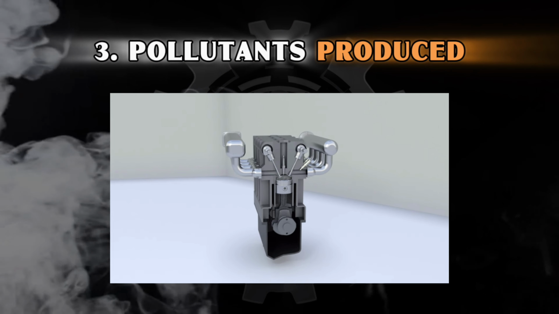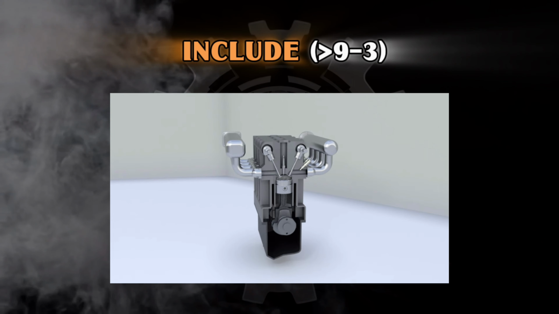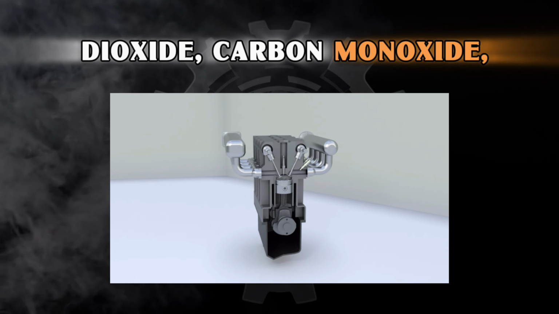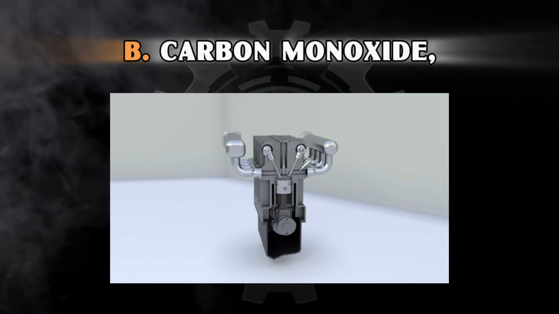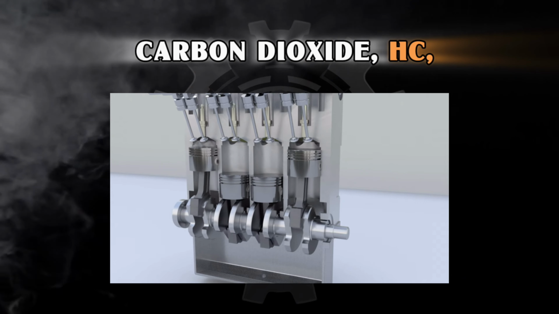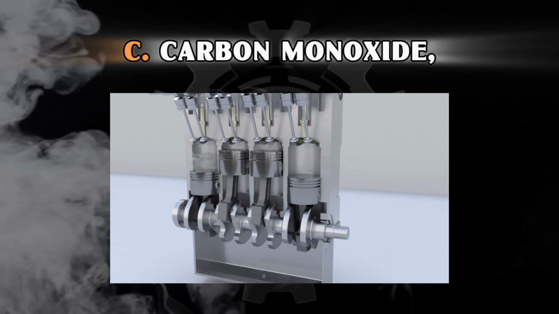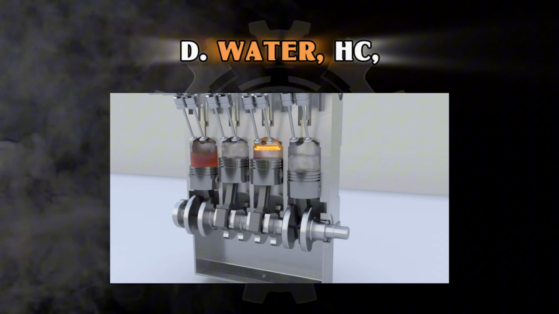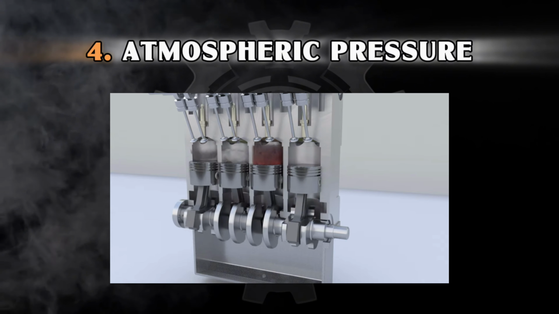3. Pollutants produced by the engine include A. water, carbon dioxide, carbon monoxide, and NO. B. Carbon monoxide, carbon dioxide, HC, and NO. C. Carbon monoxide, HC, and NO. D. Water, HC, and NO. 4.